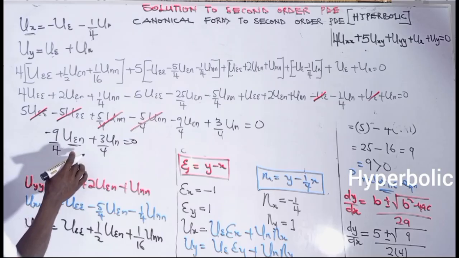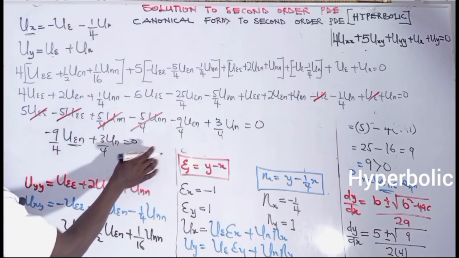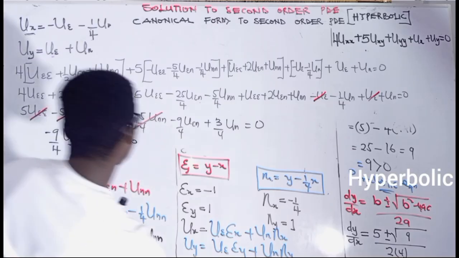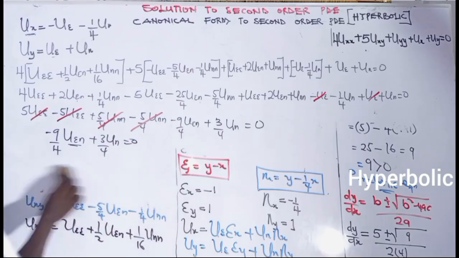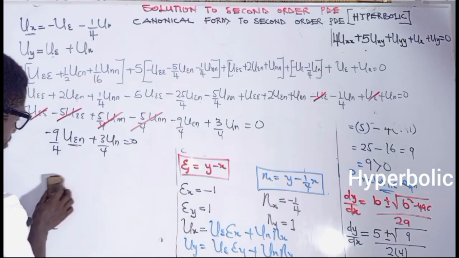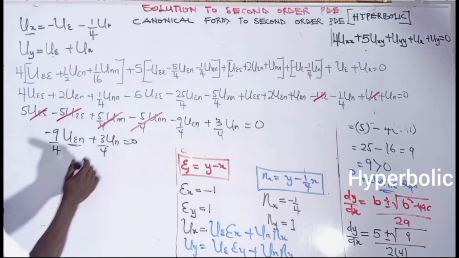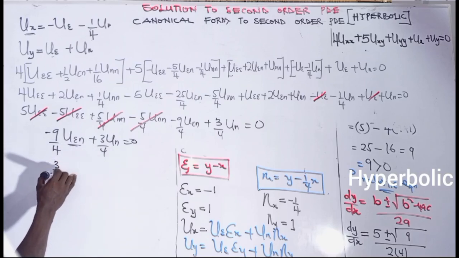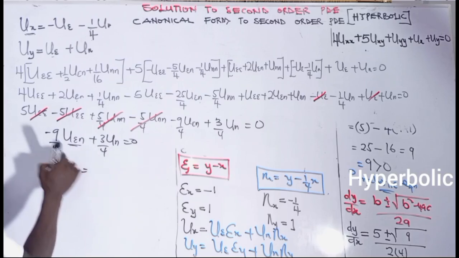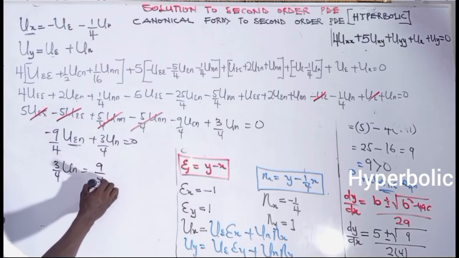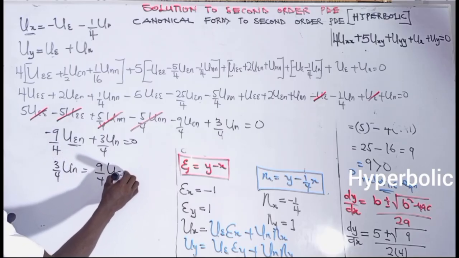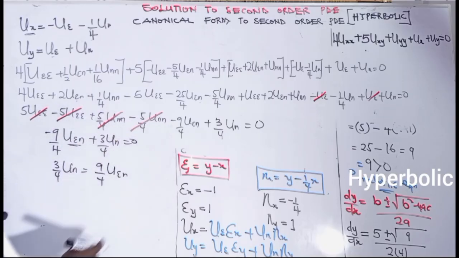So we can send this side across and do some small algebra here. We can write this as 3 over 4 u_eta is equal to 9 over 4 u_xi_eta.